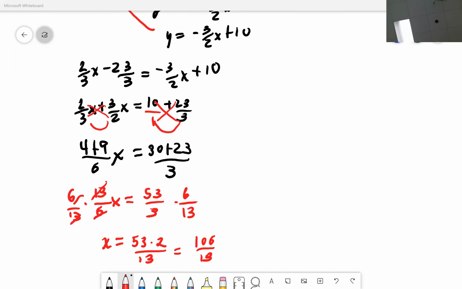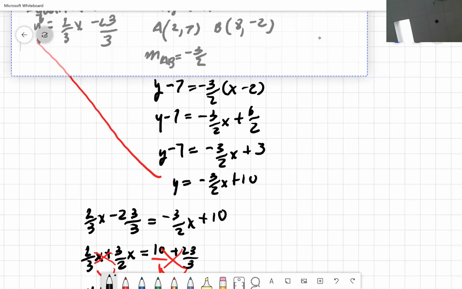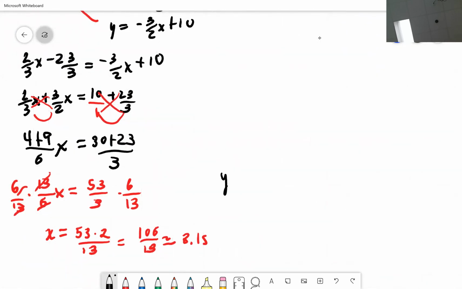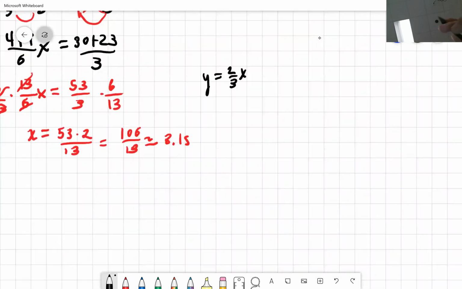So now that we did that, we just find the y. So let me just write this down here. That's approximately 8.15. So now let's go back to any of the original ones. I know today I'm being kind of sloppy because I'm kind of in a hurry, actually. So y equals 2/3 x minus 23 over 3.